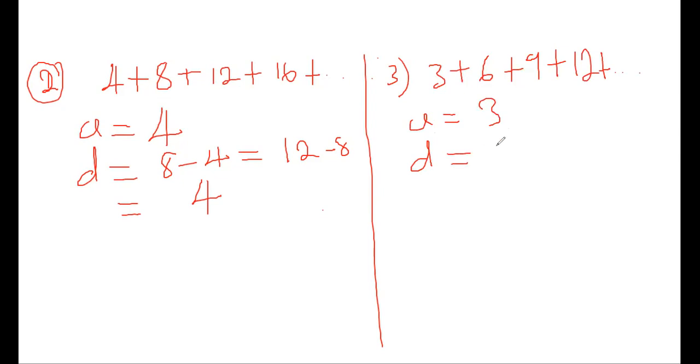The D is also 3, which is got by subtracting 3 from 6. Okay? So if we wanted to get other terms, we would add here a 3. So this would be 15. Then we add another 3, it would give us 18. Is that okay?